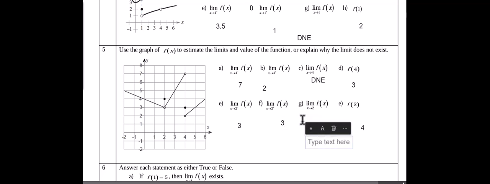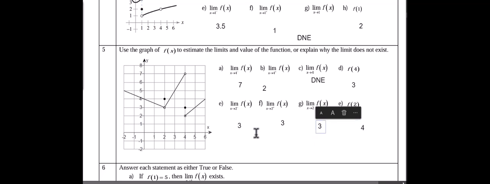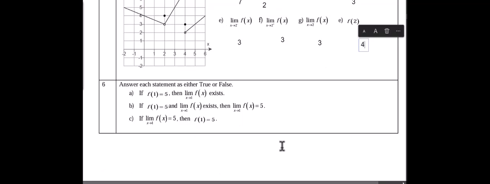And the limit as x approaches 2 is 3, because the right hand limit equals the left. If the right hand limit equals the left hand limit, then that's what the limit equals.